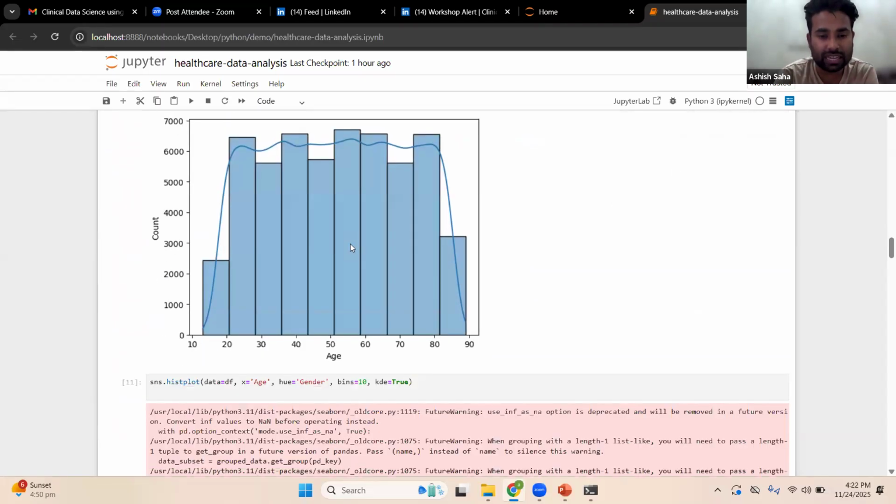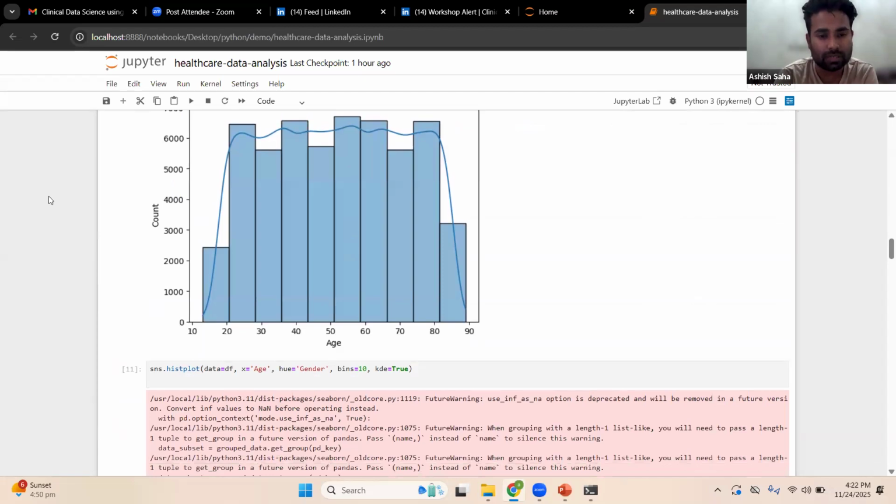If I talk about the age group, in my hospital I can see that most of the people who come for a disease have ages between 20 and 80. The maximum number of people comes from the 50 to 80 category, especially 70 to 80, where the peak is higher.